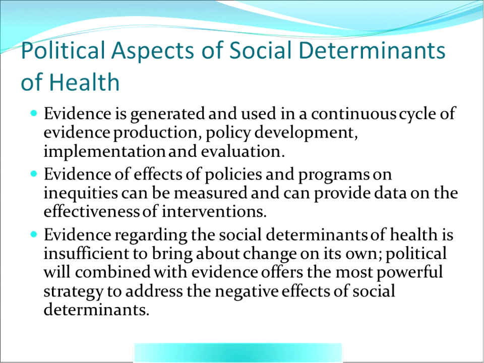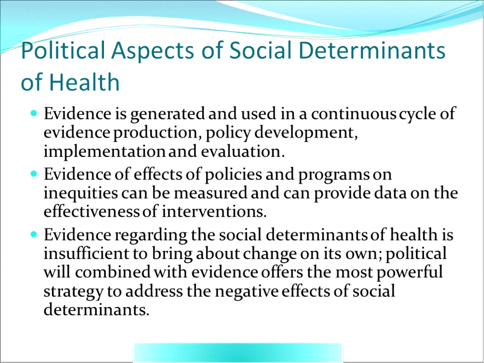Now, the political aspects of social determinants of health, to speak further about them, evidence for these is generated, and it's used in a continuous cycle of evidence production, policy development, implementation of those policies, and then an evaluation. Do we need to tweak the policy, for instance, rewrite that policy?